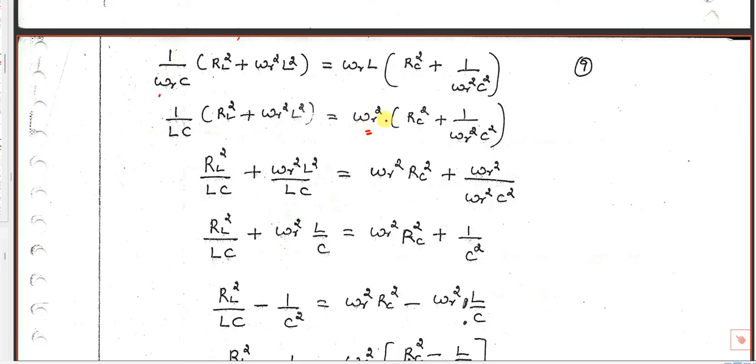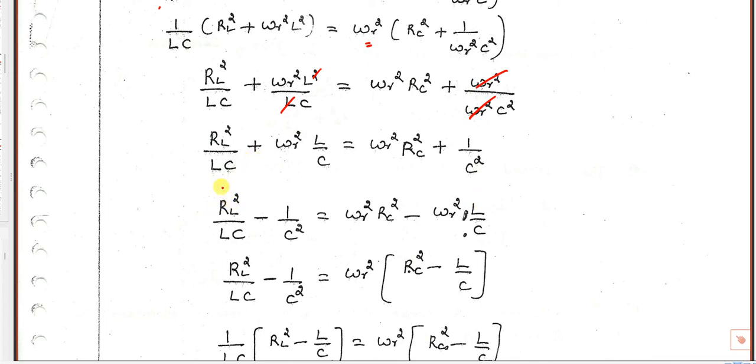Here also multiply omega r square RC squared by omega r squared by C squared. This will get cancelled, and here this L will get cancelled. Here we have RL squared by LC, omega r squared by L by C, omega r squared RC squared, and here 1 by C squared.